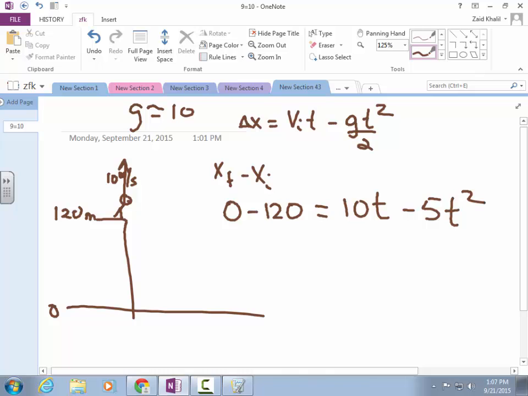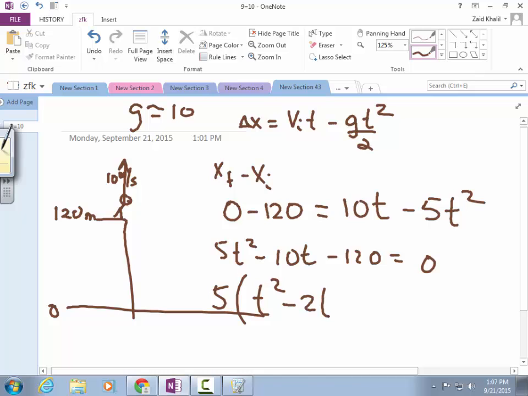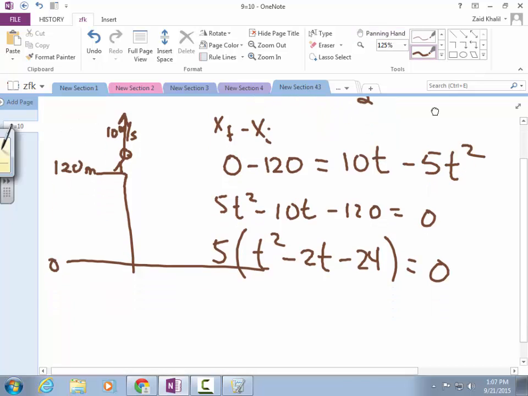So, carry it all over to one side. You get 5t squared minus 10t minus 120 equals 0. Factor out a 5. You get t squared minus 2t minus 24 equals 0. Factor that. What do you get? T minus 6, t plus 4.